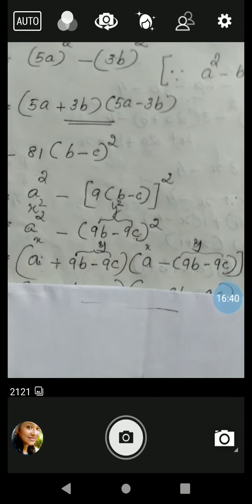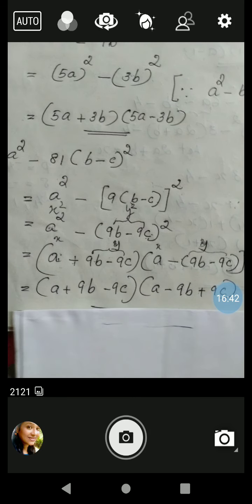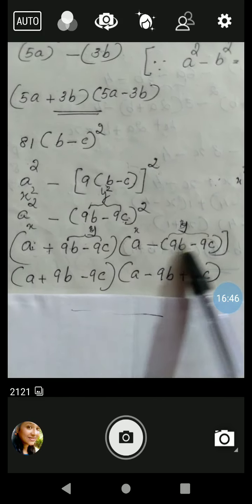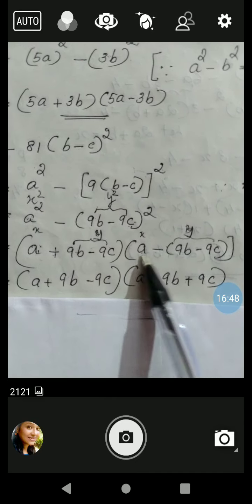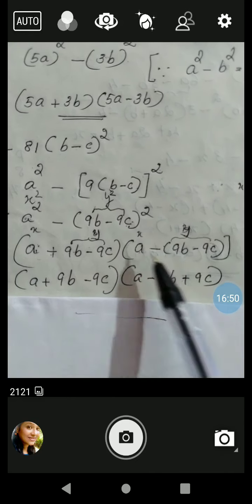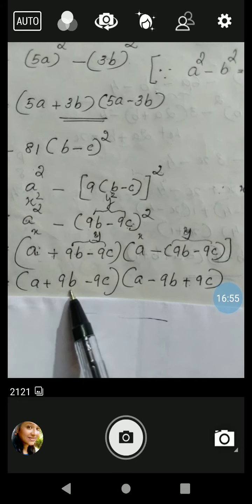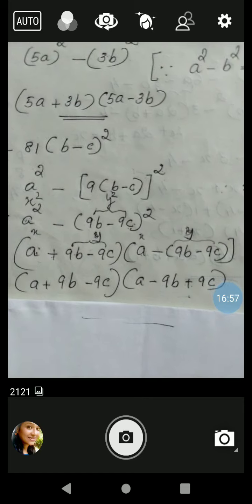Again, we can write a plus 9b minus 9c into a minus, just open this bracket, a minus 9b plus 9c. So this is the final result.